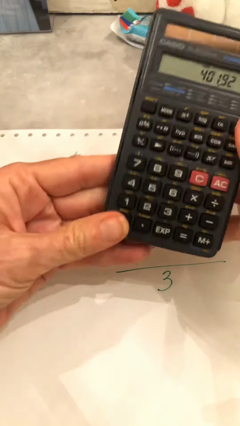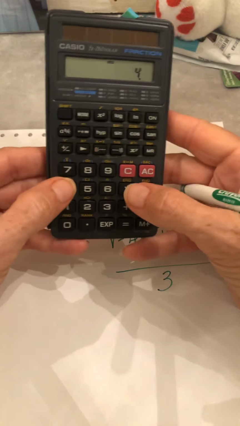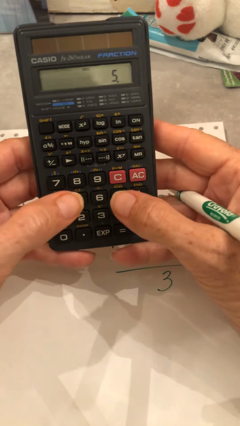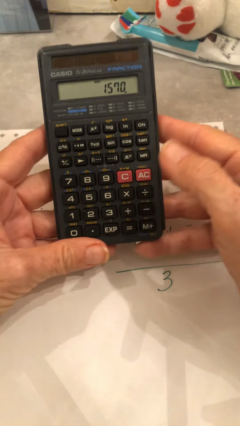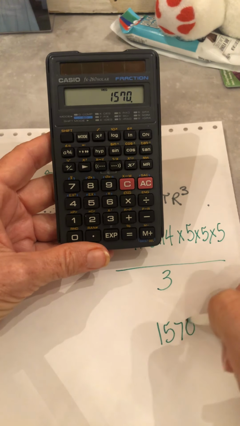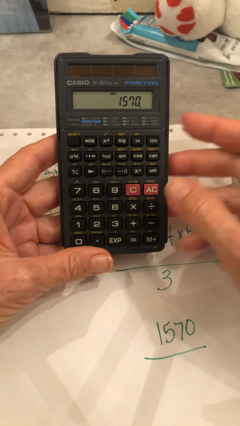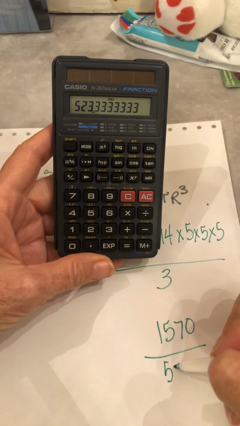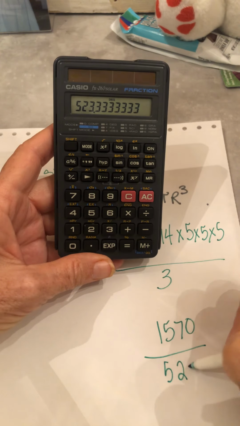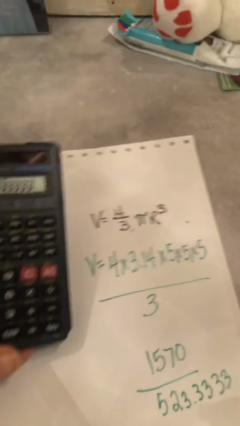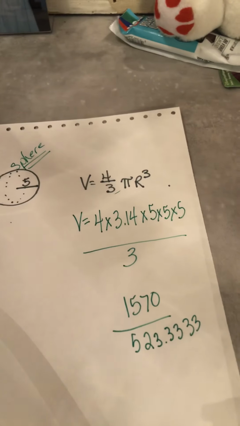So I'm going to say 4 times 3.14 times 5 times 5 times 5. And I get 1,570 for the top. I'm going to divide it by 3. And I get 523.3333.